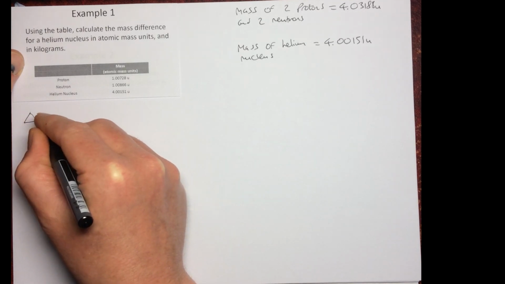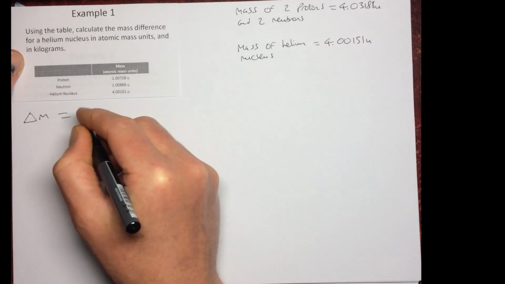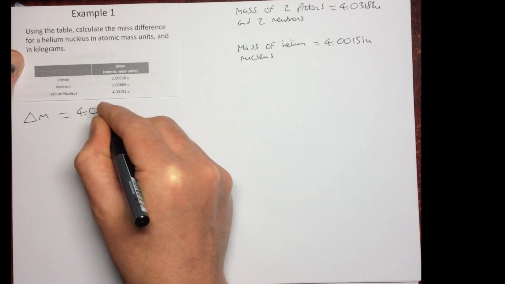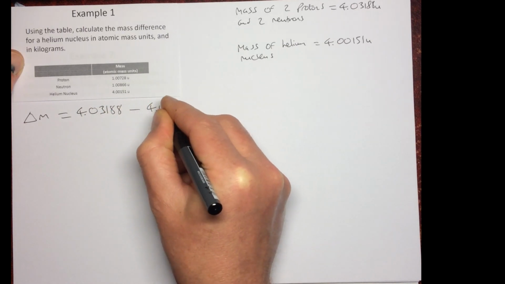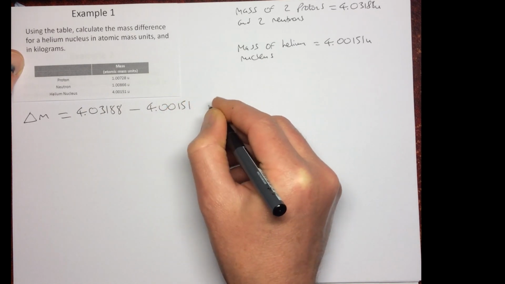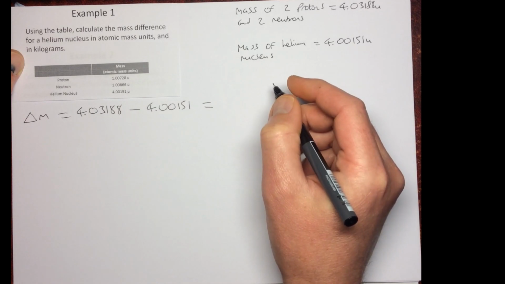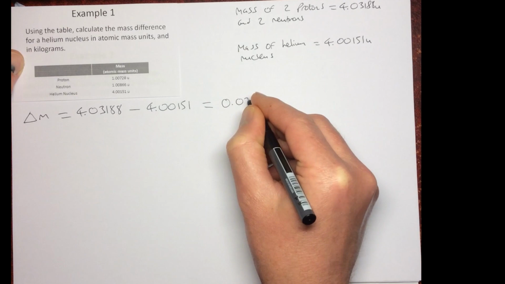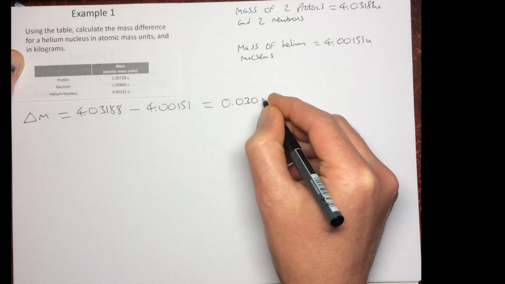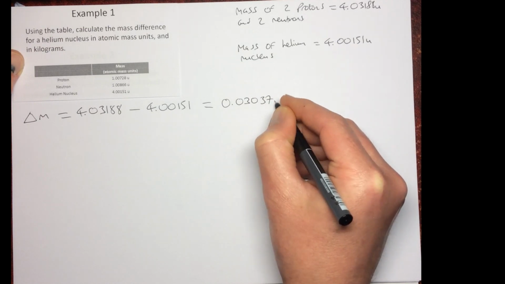Well, often we call the mass difference the mass defect, or delta M, and the way we do that is take the mass of the individual nucleons, and we take away the mass of the helium nucleus, which is less than that, and you find that if you take away these two numbers, you're going to get a mass of 0.03037.